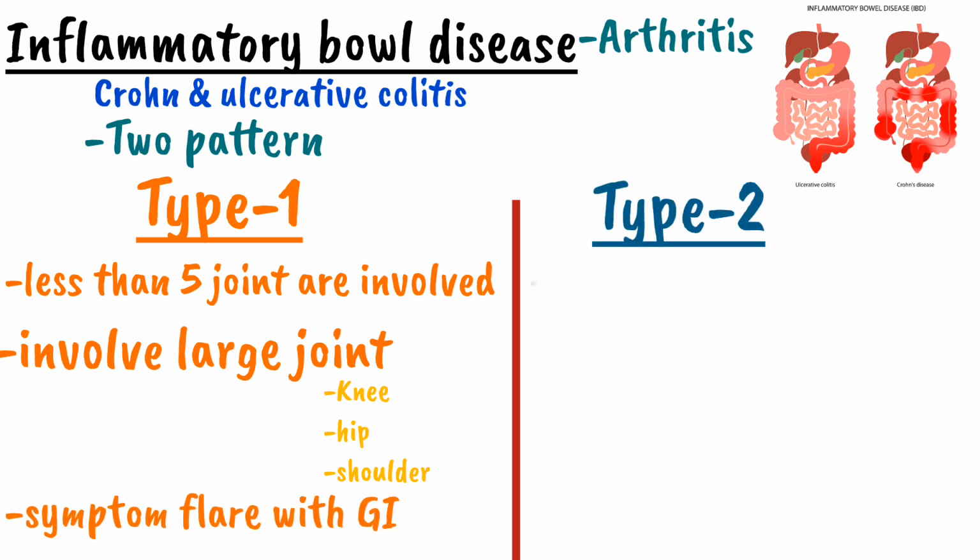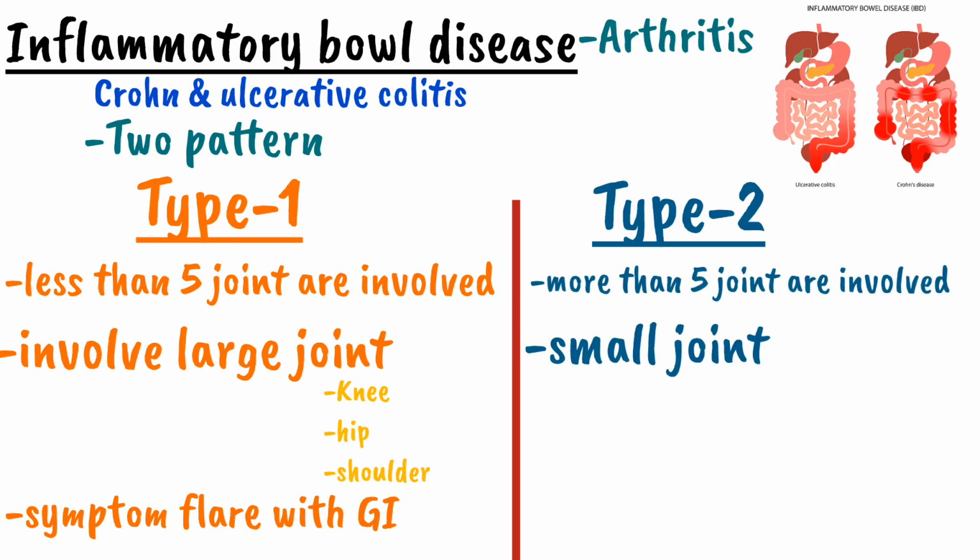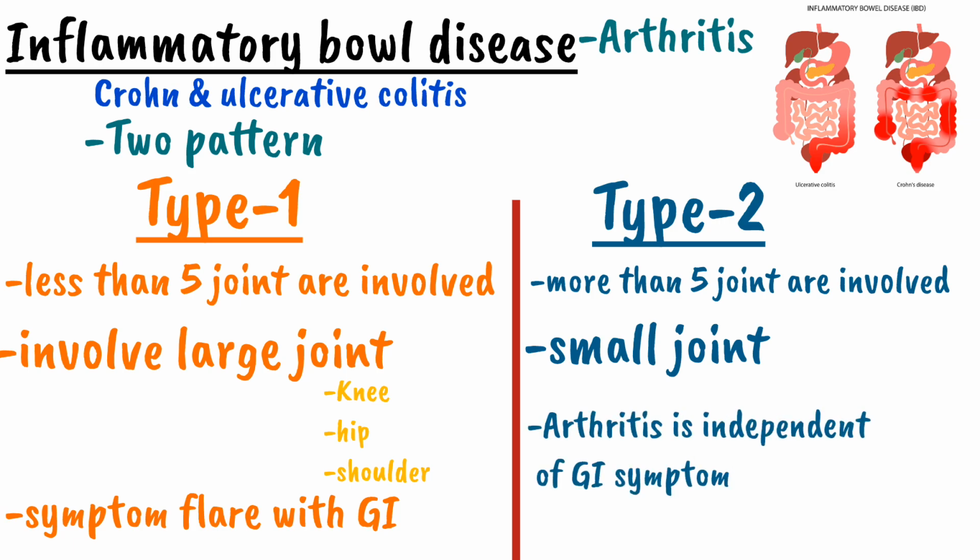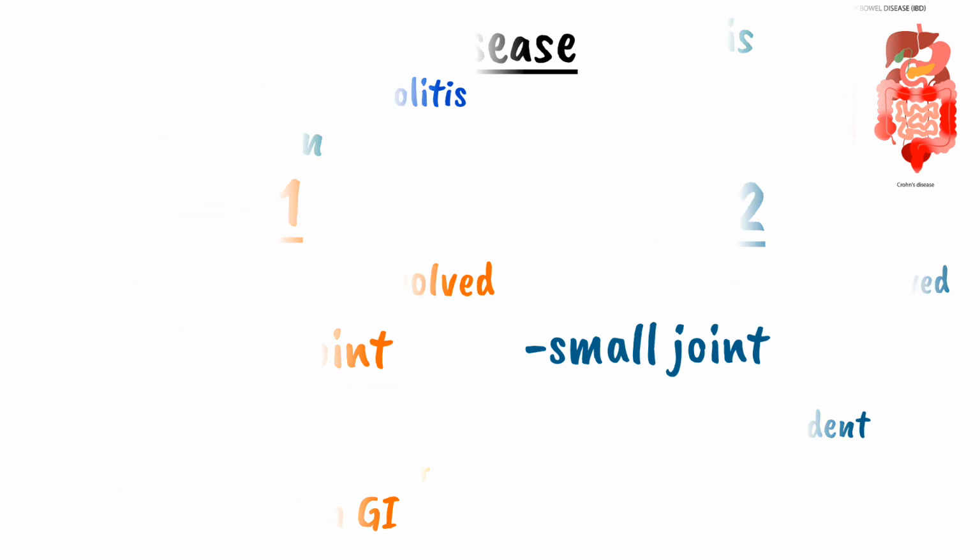In the type 2 pattern, more than 5 joints are involved, but this type predominantly involves small joints of the hand, and this pattern is independent of GI disease. Other than arthritis, inflammatory bowel disease also causes spondylitis and sacroiliitis, and rarely causes enthesitis and dactylitis.